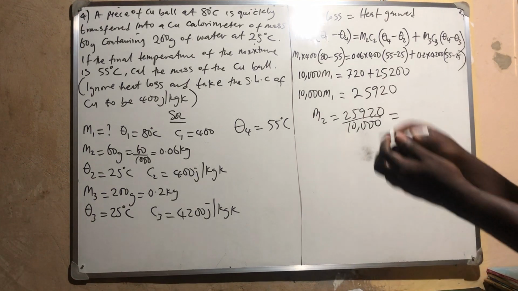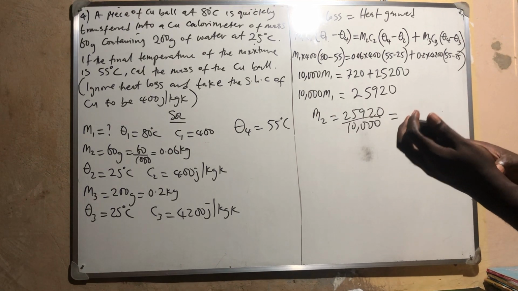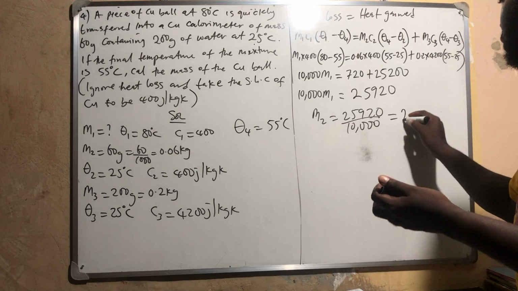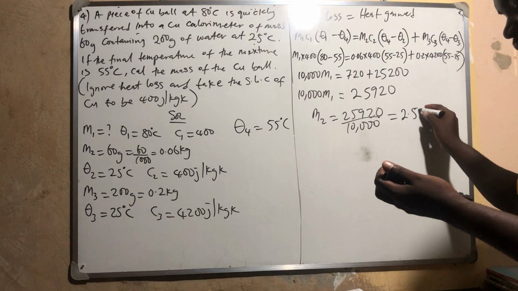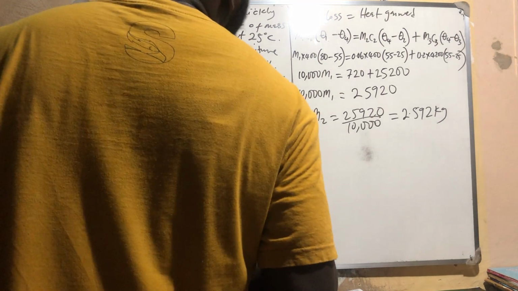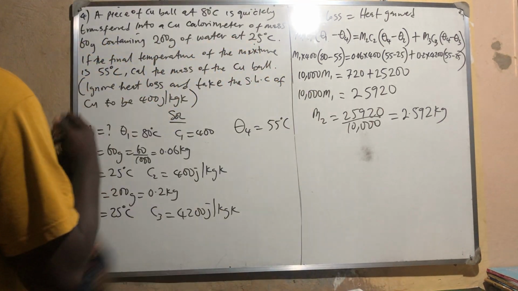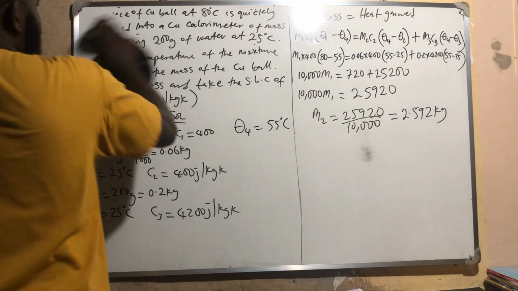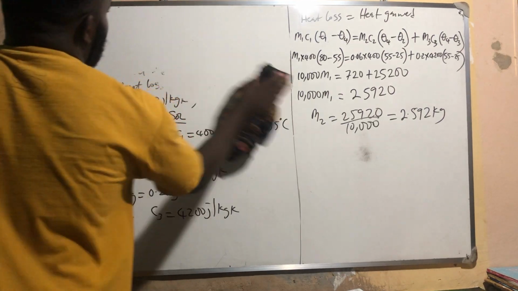Okay? So what do I have? Divided by 10, 1, 2, 3. I now have 2.592 kg. So that is the mass of the copper. Okay, you see, it's very, very simple. Just know that heat gained is equal to heat lost. All right.